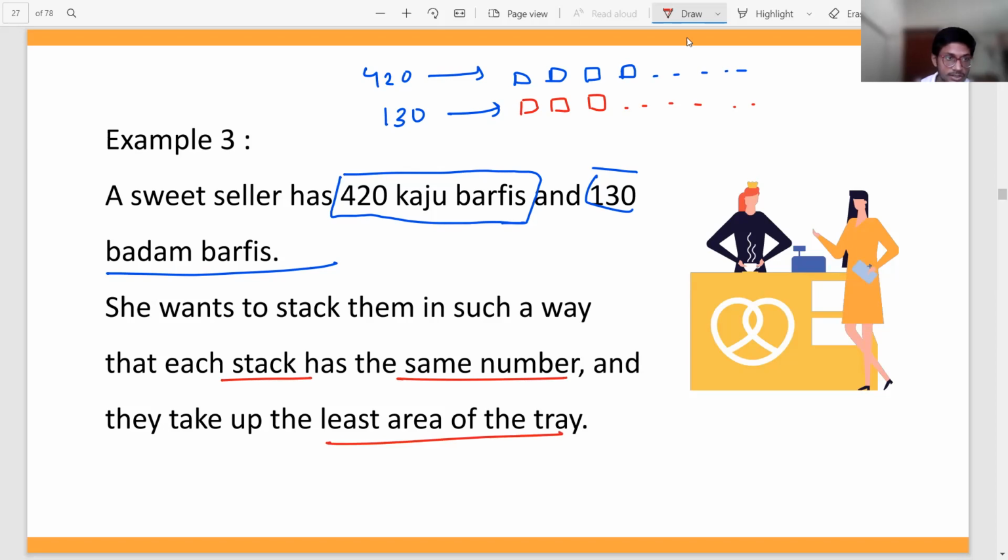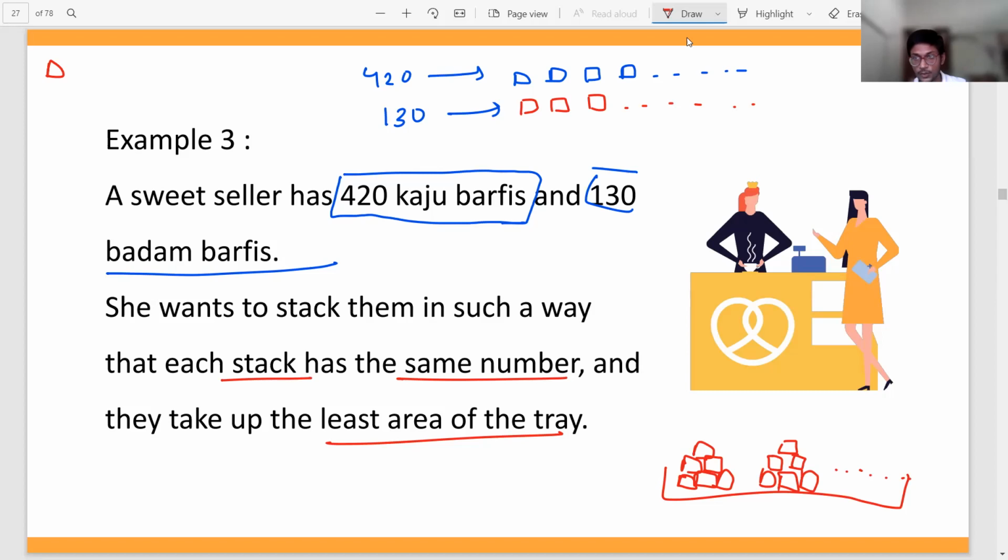So she will stack something like this. Like if this is the tray, she will stack this, this, this. Again, this is another stack. So it's just an example to visualize. She will stack numerous things.